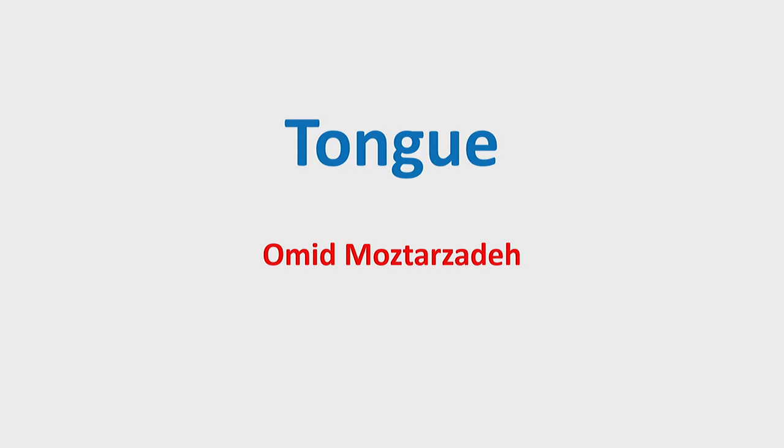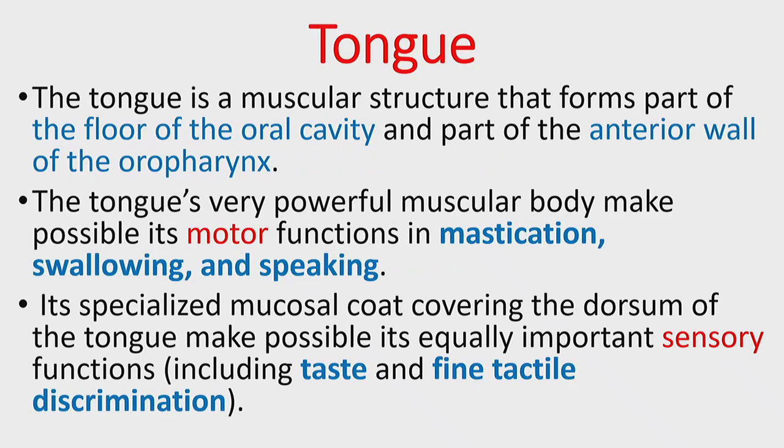Today's subject and topic is the tongue, something about the sublingual region, and also the supra- and infrahyoid muscles. Regarding the tongue, it is a very powerful muscular structure that forms the floor of the oral cavity and also somehow forms the anterior wall of the oropharynx.